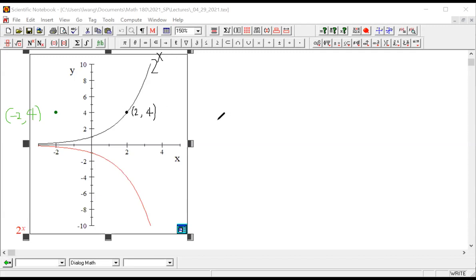Okay, do you guys see that? That's how the reflection takes place. The inputs are opposite, but they have the same output. And this green curve, of course, is 2 to the power negative x. That green curve we haven't drawn, but it passes this point, right? And that is 2 to the power of what? Negative x.